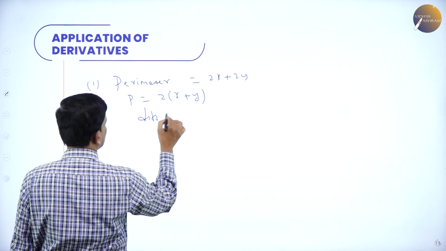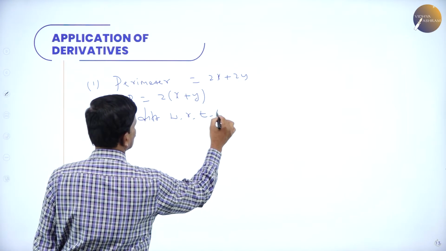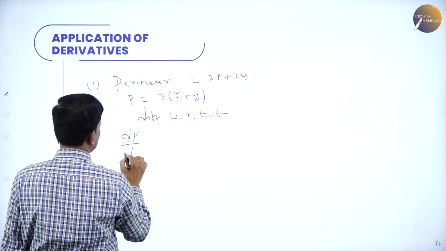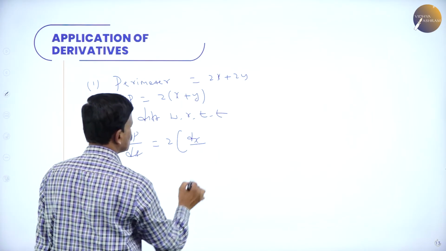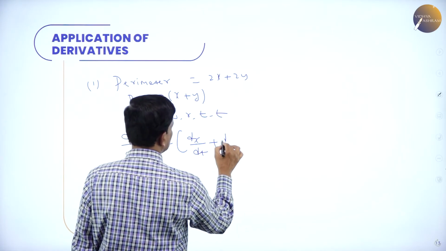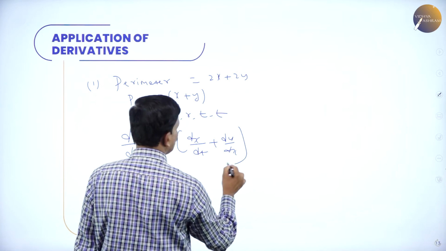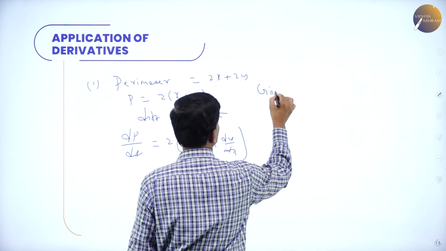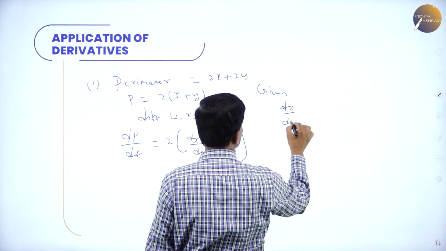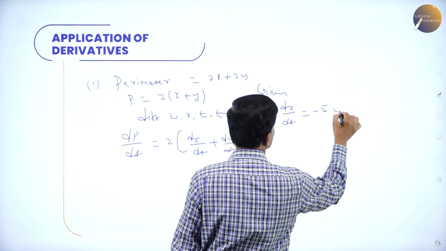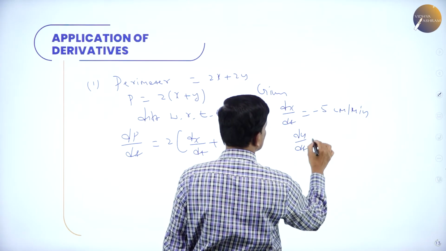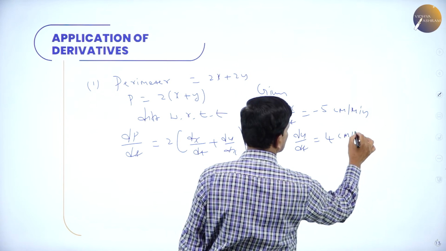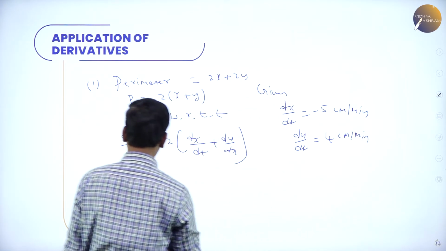Now differentiating with respect to t, what you will get? dP by dt is equal to 2 into the differentiation of this, dx by dt plus dy by dt. Since given that dx by dt is equal to minus 5 centimeters per minute and dy by dt is equal to 4 centimeters per minute, substitute here.